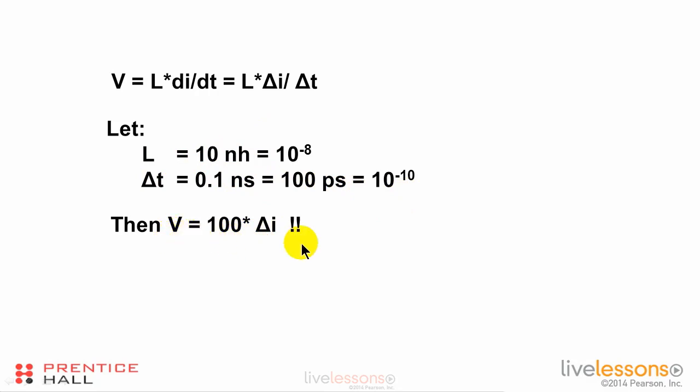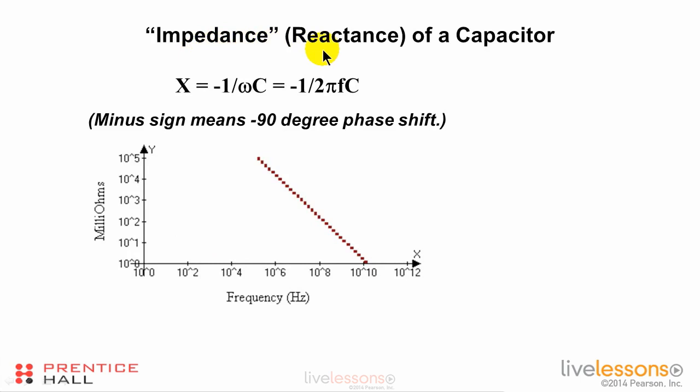Now, the impedance or the reactance of a capacitor is given by the expression X, the reactance, is minus 1 over omega C, or minus 1 over 2 pi f C. The minus sign does not mean minus impedance. It means a minus phase shift, or a minus 90 degree phase shift.